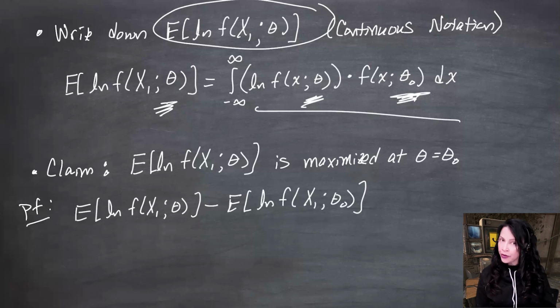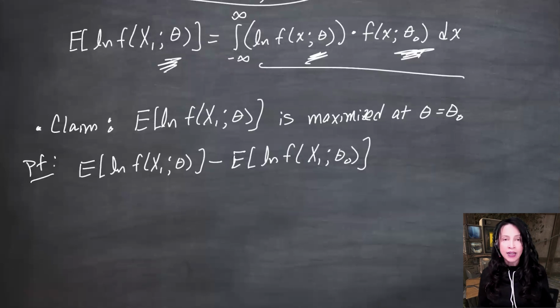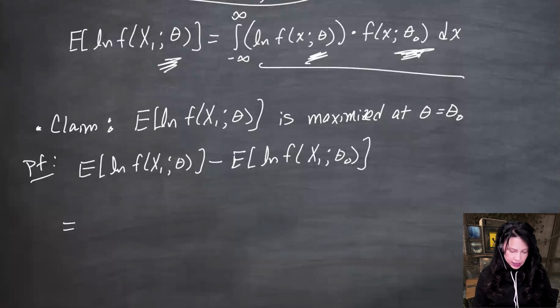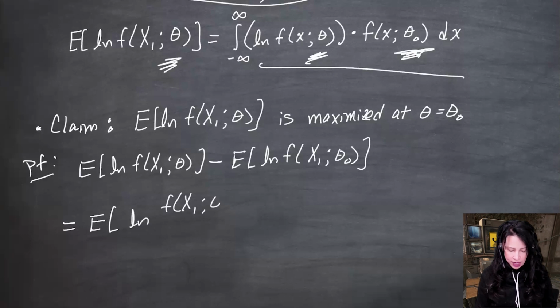Let's pull this together under one expectation. We have an expectation of a log minus a log, which we can write as a log of a quotient. So this is the expected value of the log of f(x1, theta) over f(x1, theta naught).